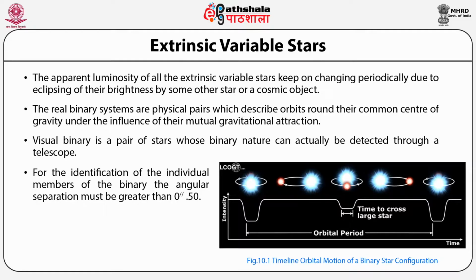For the identification of the individual members of the binary, the angular separation must be greater than 0.50 degree. The period of revolution of visual binaries ranges from about a year. More than 65,000 visual binaries have been so far discovered.